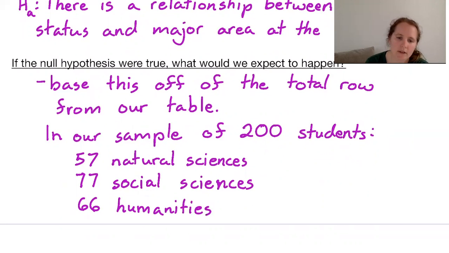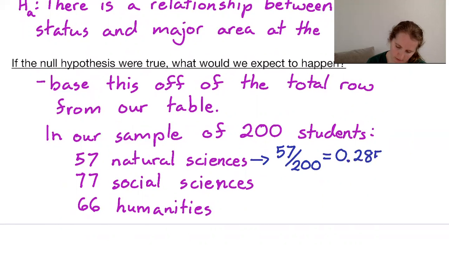So if we convert each of these into percent, we have 57 out of 200, or 0.285, or 28.5% of the sample is in the natural sciences.